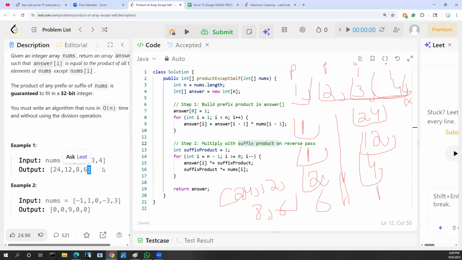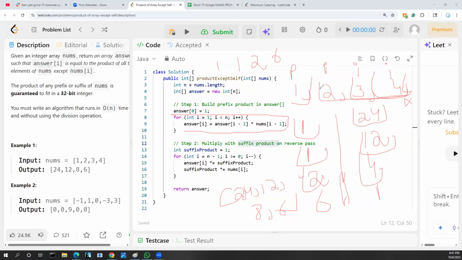24, 12, 8, 6. So once you have computed the prefix array right here, you have to make sure that while you're multiplying with that array, it has to be in this order: 1, 1, 2, 6. And in this order, you generate the largest suffix. So what do we need to do to generate the largest suffix?